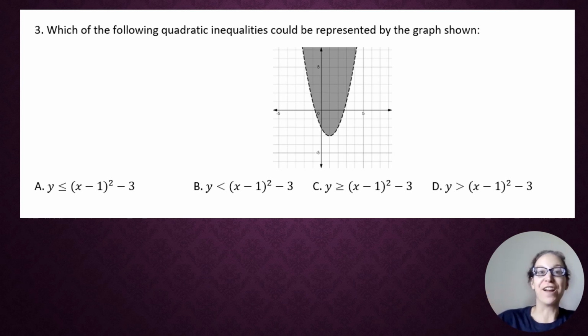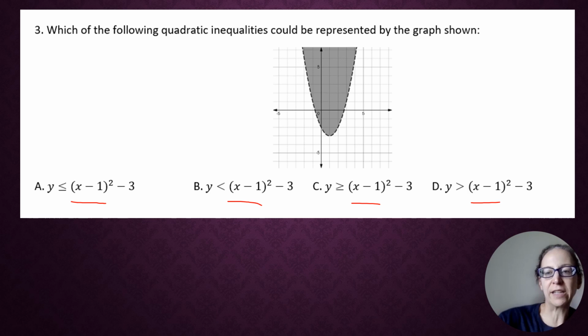Okay, moving on. So now, things to notice as we look at this. I'm going to point out some stuff that I note. Notice that the x minus 1, x minus 1, and then the minus 3, minus 3 is the same for all of them. Something that I would look for is the position of the parabola.